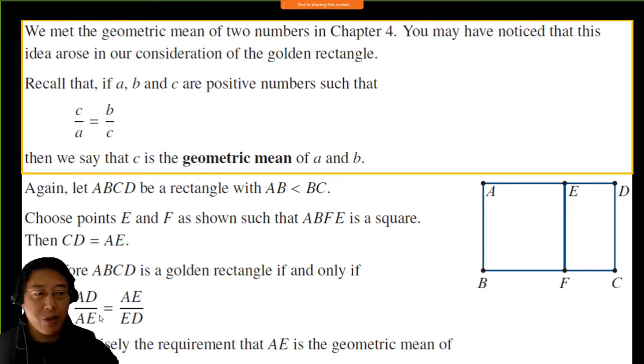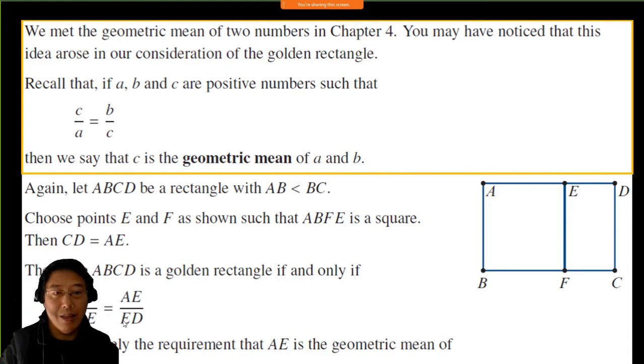So that length is equivalent to that C that we have up here. So what it means is AE is also the geometric mean of AD and AED, which are the two lengths that you have in the other fractions.